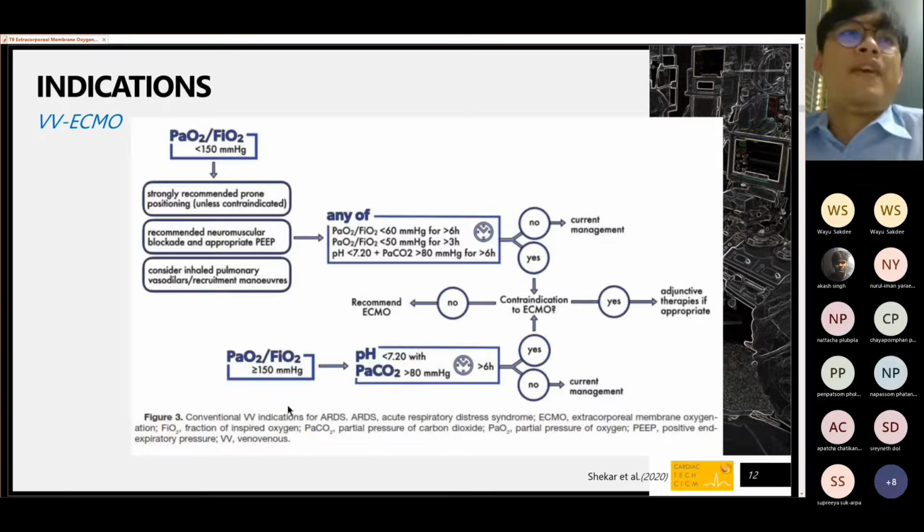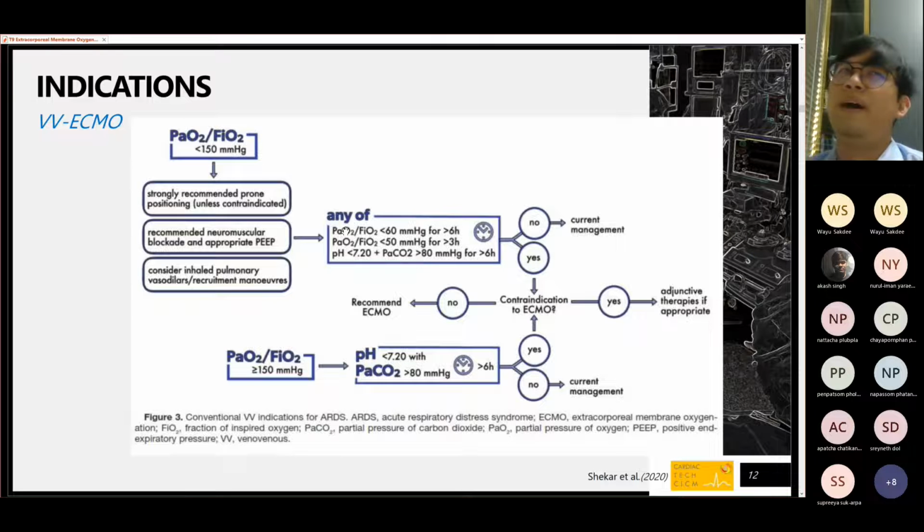So for the VV Ecmo, this is the conventional VV indication for ARDS. The ARDS is a classic indication because the first survival is coming from the ARDS case. So this is an algorithm, and you can review by yourself.